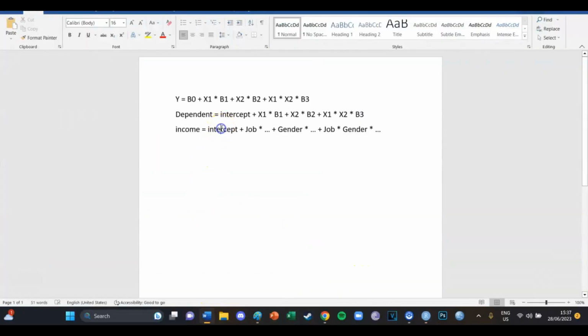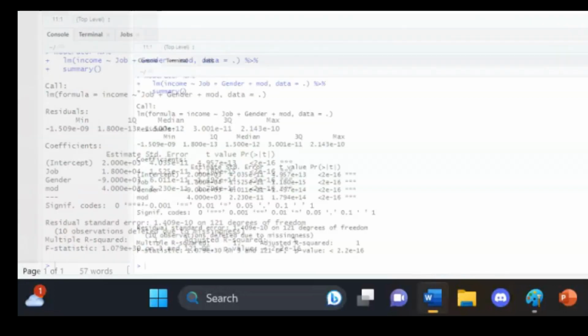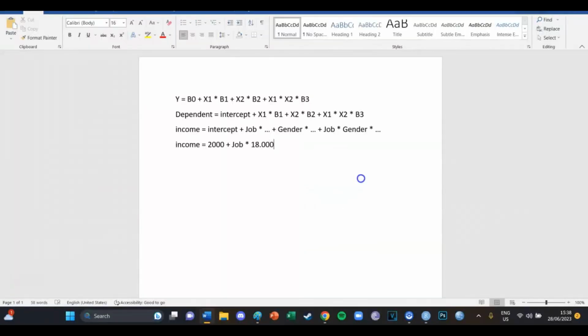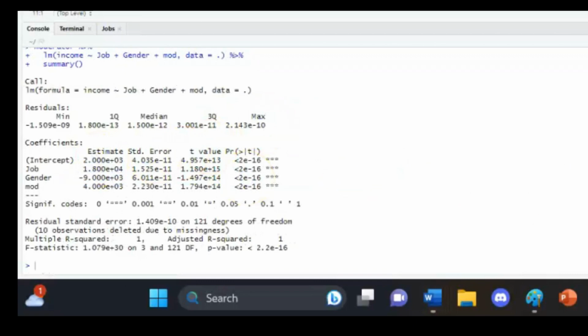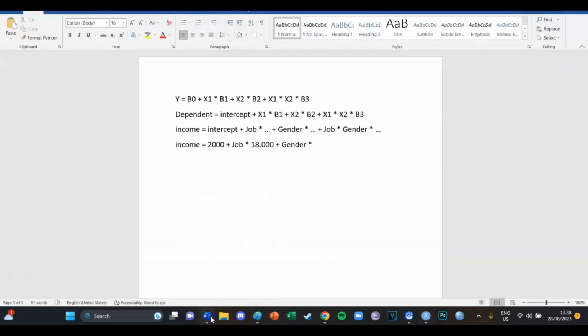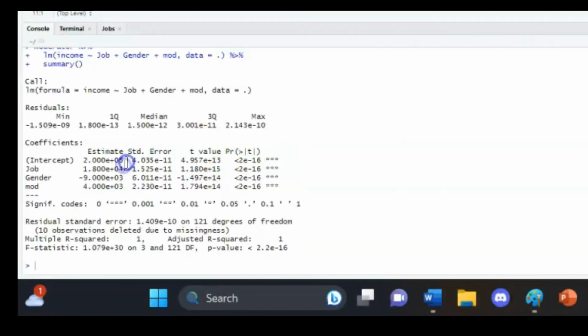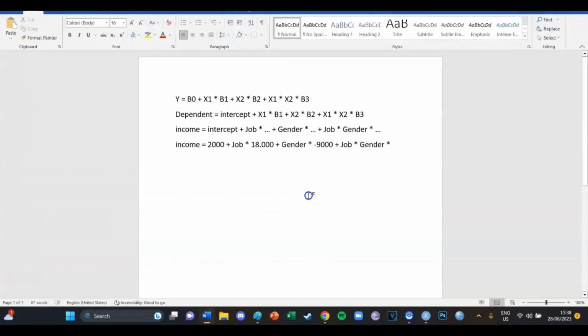So income is 2,000, plus what you fill in for job times the slope of job, and the slope of job was 18,000, plus what we fill in for gender times the regression value of gender, which was minus 9,000, plus what you fill in for job times what you fill in for gender times the slope of the interaction variable, and that is, in this case, if we go to R, 4,000.